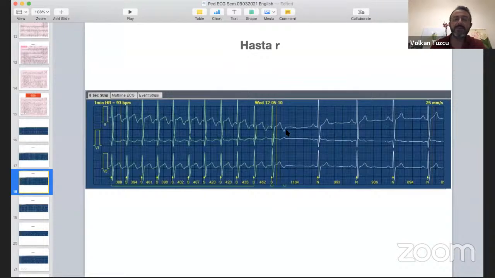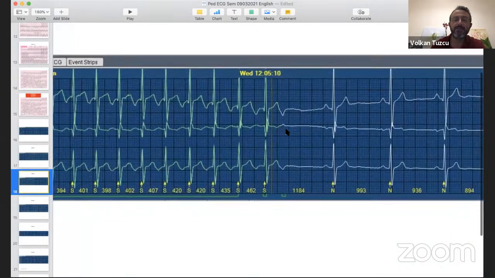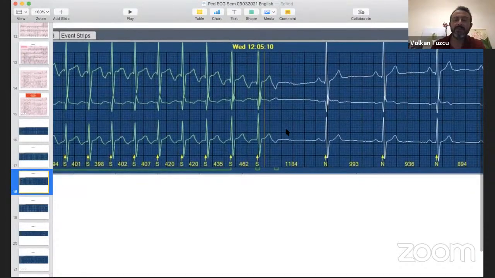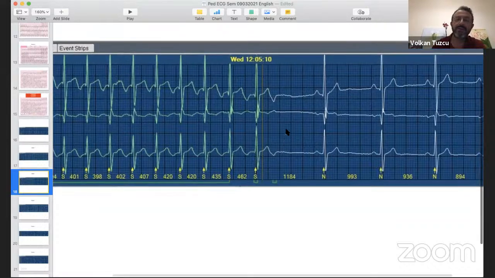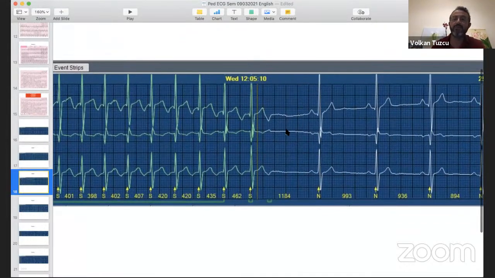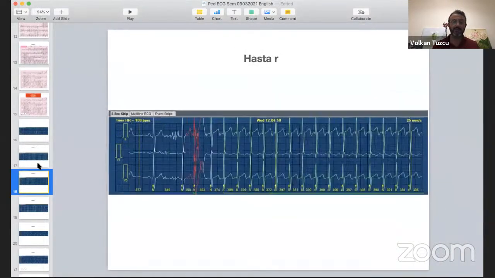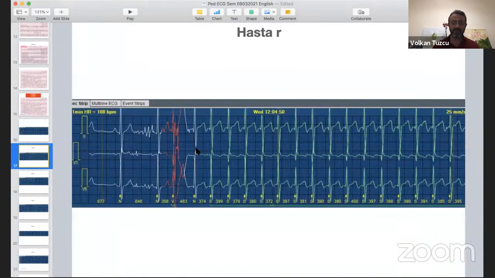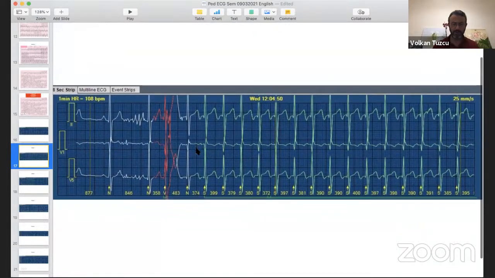And what does this rhythm strip, the way it stops, tell us about the possibility of the others, like PJRT and atypical AVNRT? Focal atrial tachycardia is more common, but by seeing the P wave ending like this, we actually rule out focal atrial tachycardia. So simple. This is why it's very important when somebody shows you a rhythm strip of long RP tachycardia.